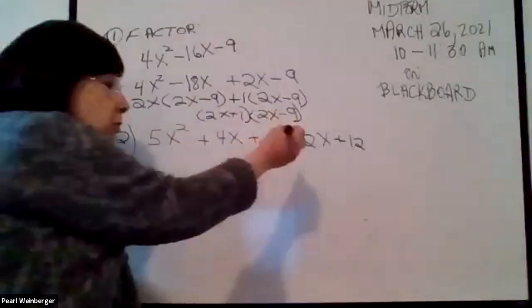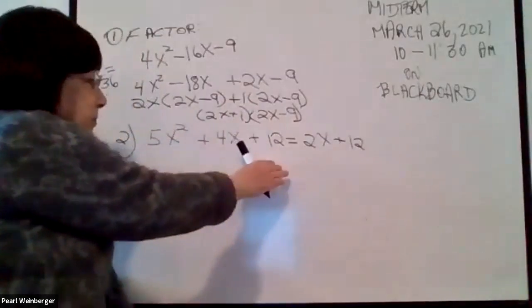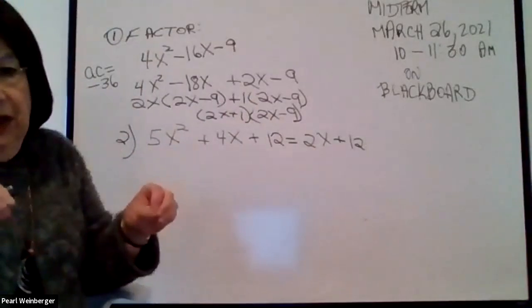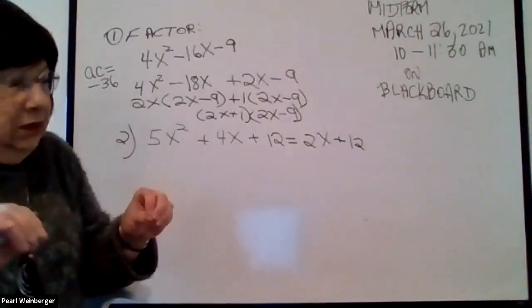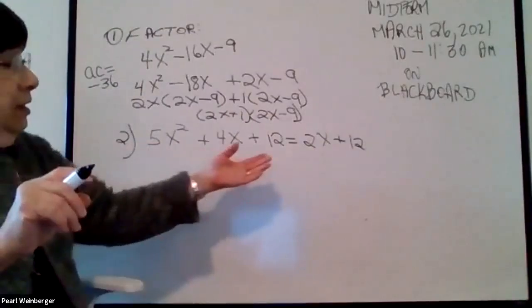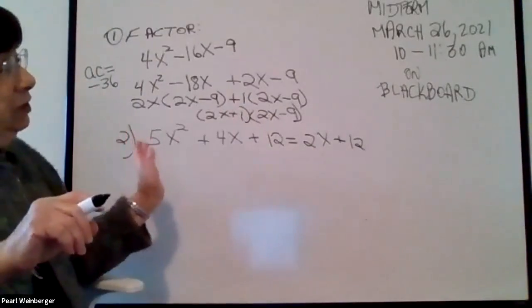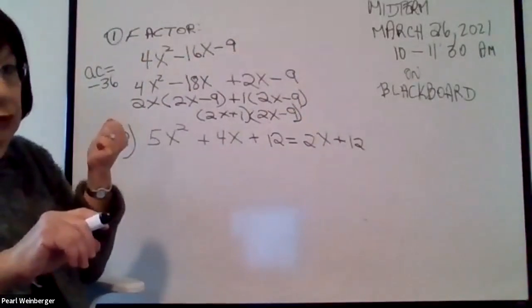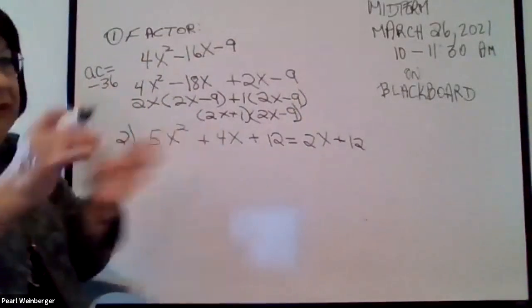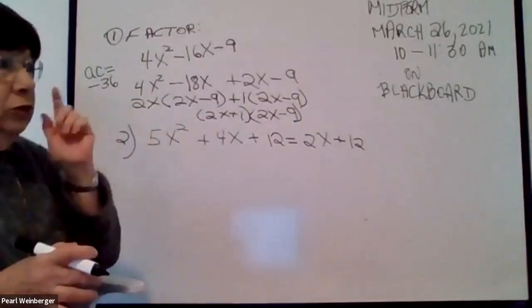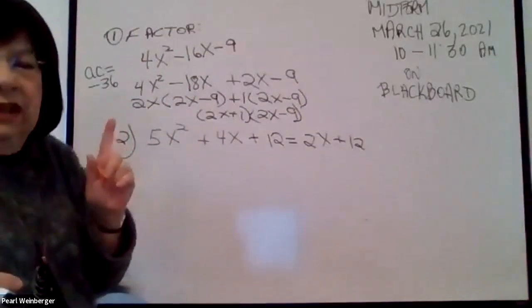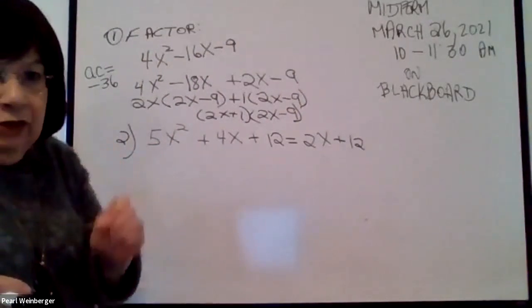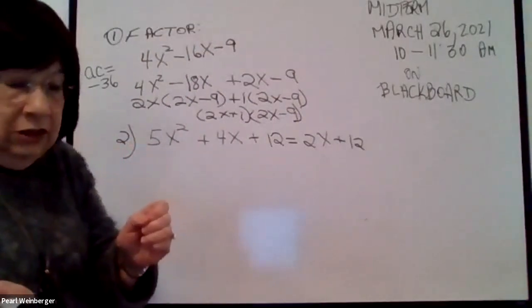Right. Now, this is just a hint. You don't have to do it this way. Sometimes it makes more sense to bring things to the right than to the left. How are you going to know which side to bring it to if you have a lot of things on both sides? It's always easier to figure out your final answer if the x squared term is positive.